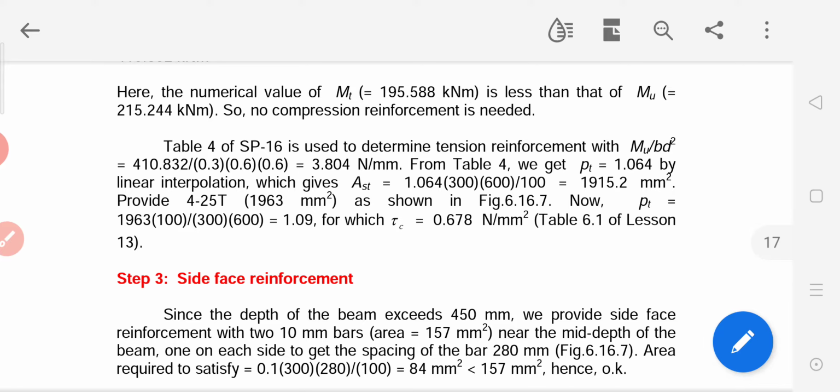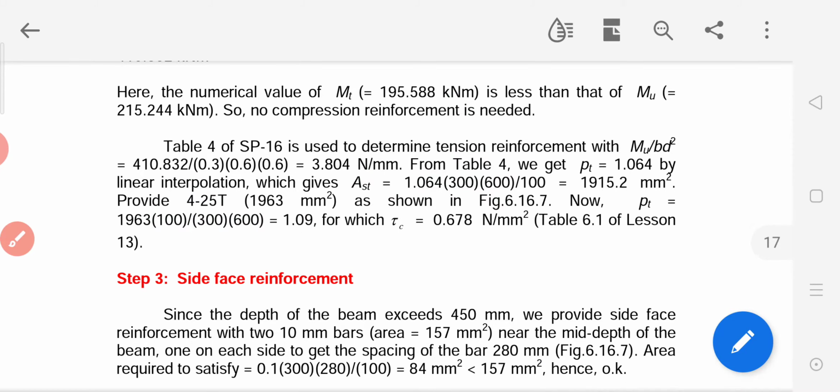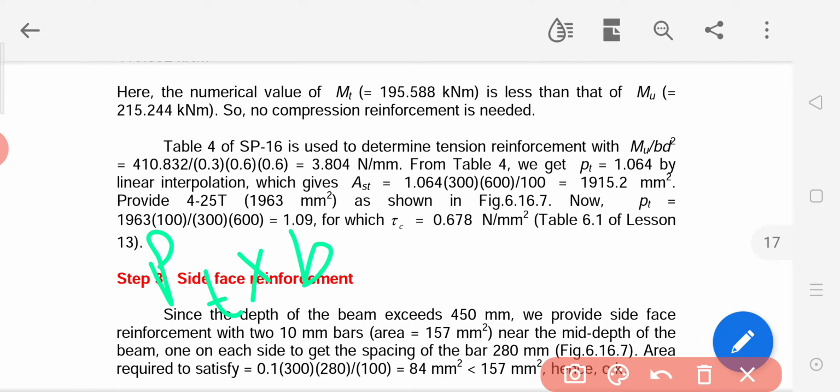1.064 by linear interpolation, which gives the AST. For AST, the formula is percentage of AST equal to PT into B into D upon 100.